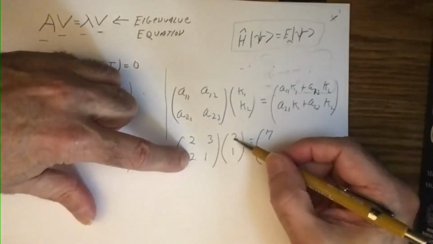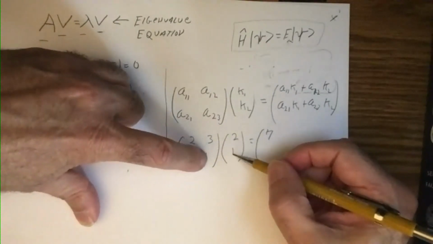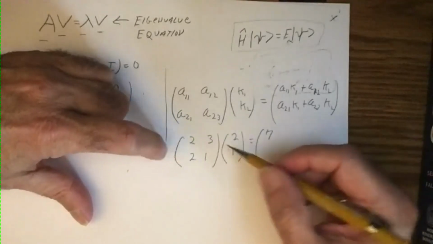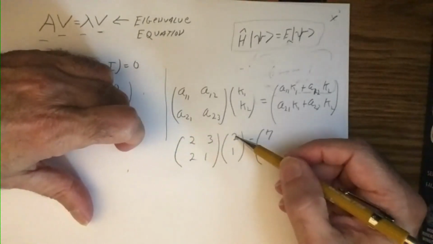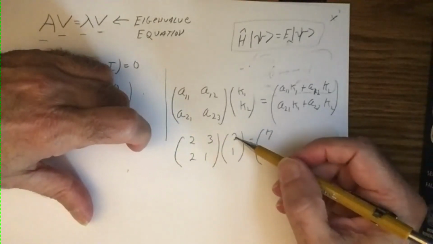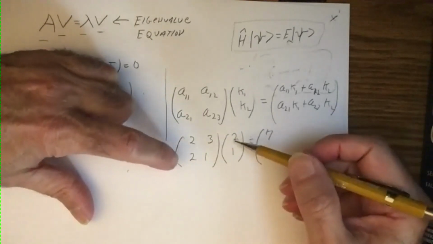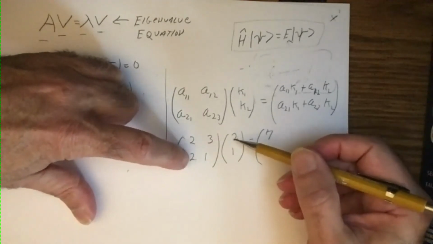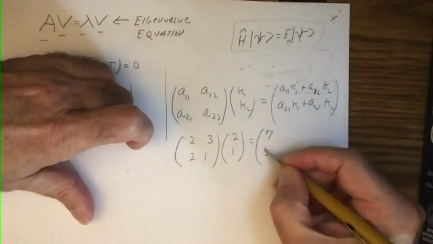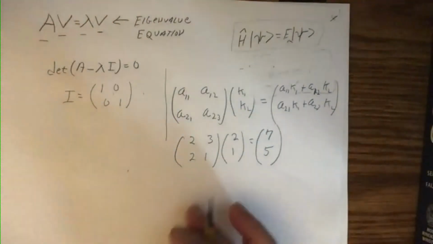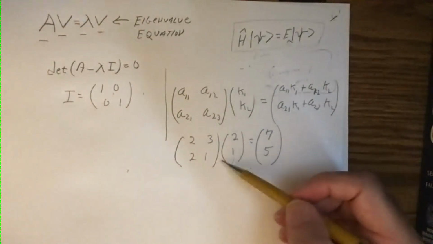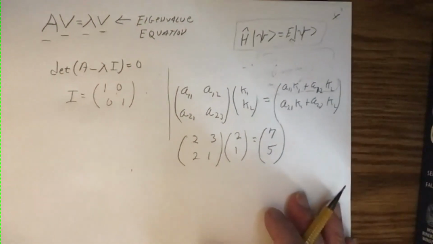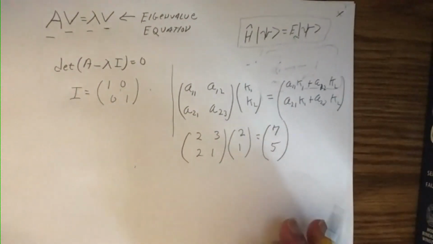This times this is 2, and then 4, and then 1, so this is 5. So that's how you multiply these two matrices. And that's what you need to multiply for the type of problems we're going to be doing.